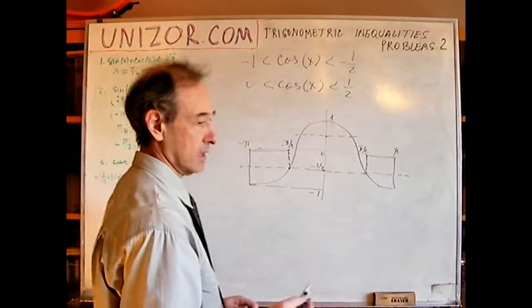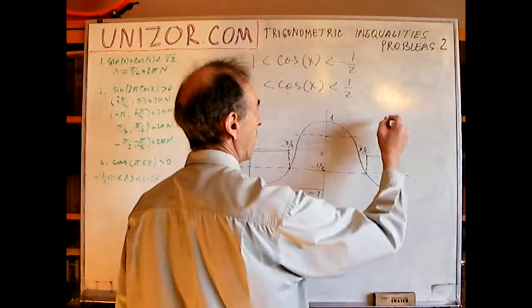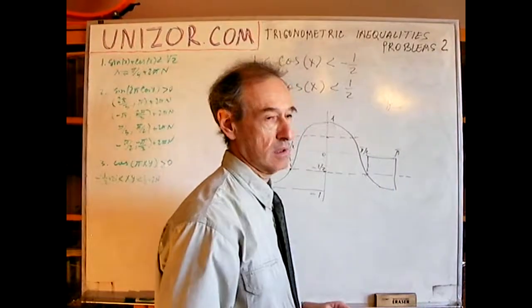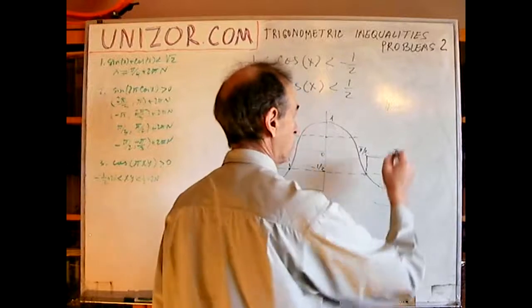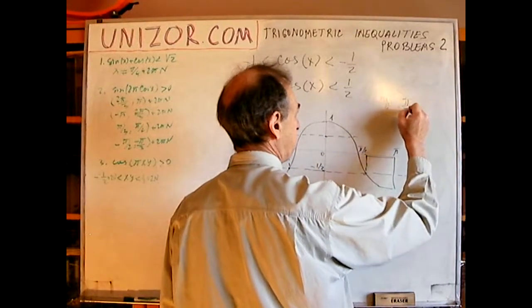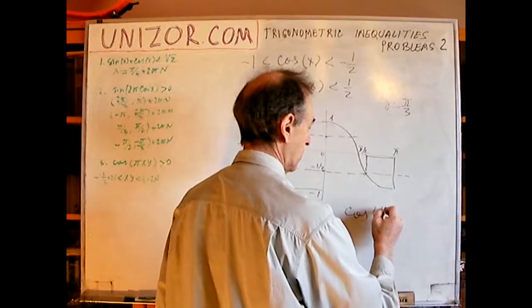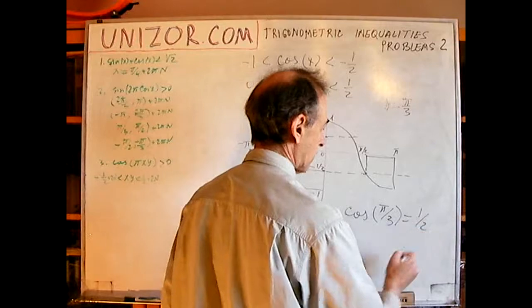Well, that's pi minus pi over 3, am I right? Now, cosine of pi over 3, which is 60 degrees, is equal to 1/2, right?